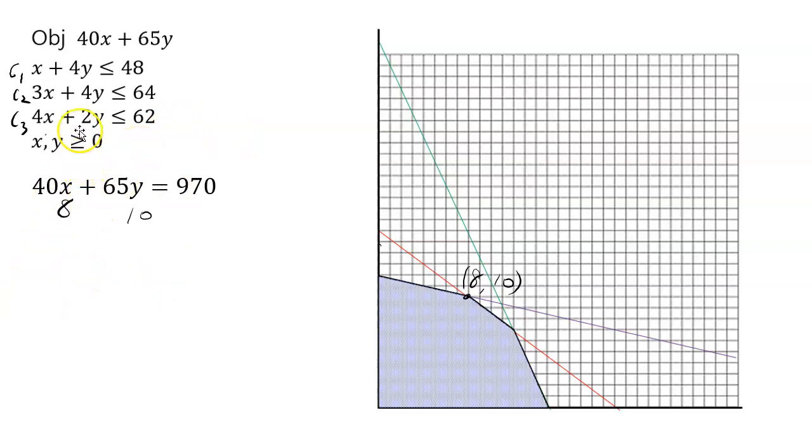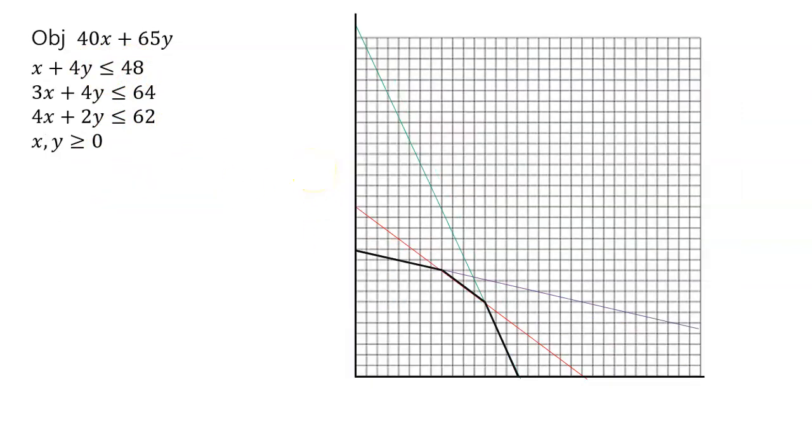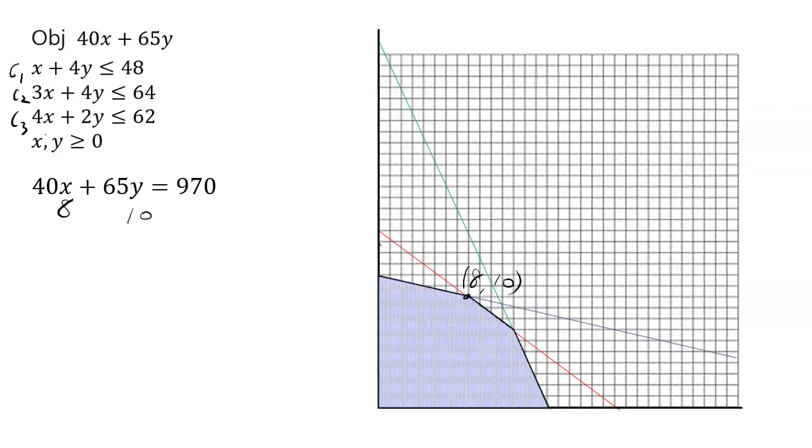So imagine this. Let's say that this 48 was instead changed to 49. So the new inequality after the change would be x plus 4y less than or equal to 49. Right now we're just looking at what if it was increased just by 1.